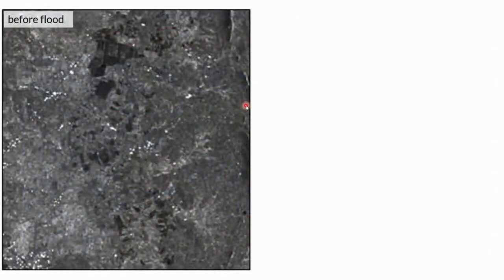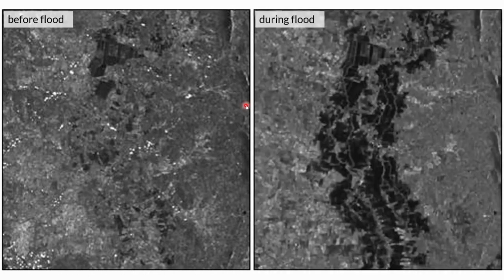Very useful for monitoring everything connected to water are radar images. So this is a radar image, quite difficult to read. That's an image from before the flood, and that's an image from during the flood. What's important, very often when there are floods, there are also clouds, so we couldn't use optical images probably.